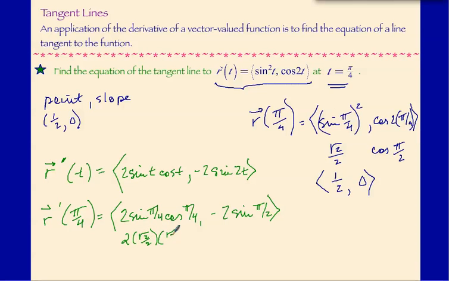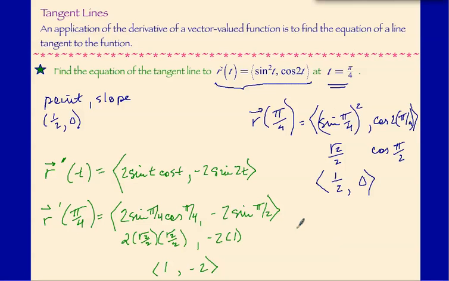Cosine of pi over 4 is also square root of 2 over 2. And then sine of pi over 2 is 1, so that's just going to be negative 2. Over here, square root of 2 over 2 times square root of 2 over 2 is 2 over 4, which is 1/2, times 2, which is 1. So we find 1, negative 2 are the x and y components at pi over 4 of our first derivative.